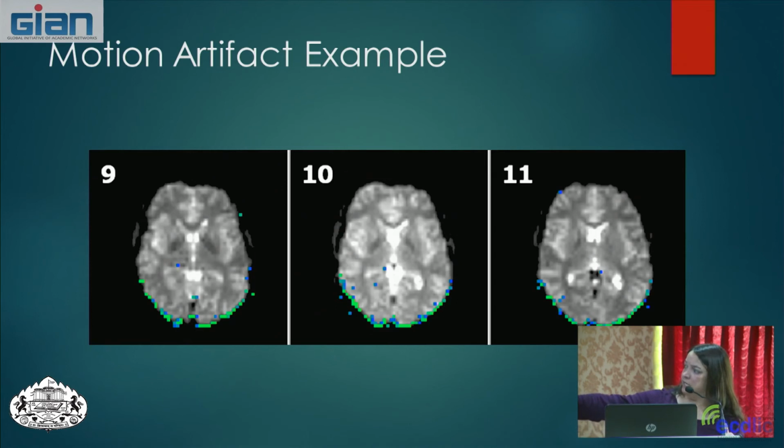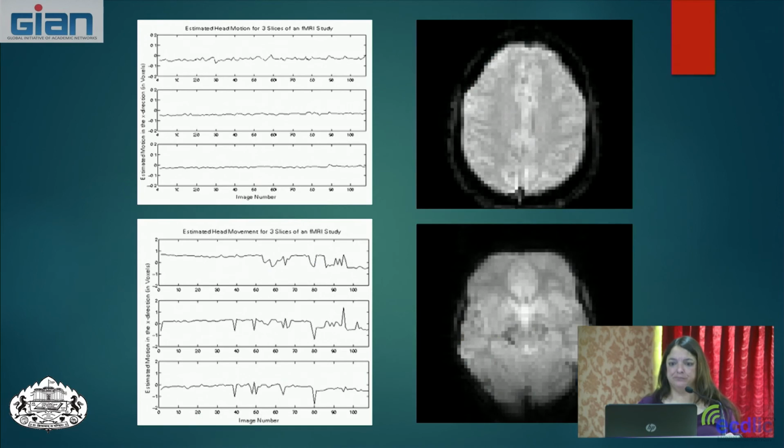As you see, it's really along the boundaries of the head where you would start to see activation. These greens and blues are activation that was computed. And because this person was moving, at the boundary of the head is where we're going to see these intensity changes, not actually due to the BOLD signal, but because of the wiggling around.